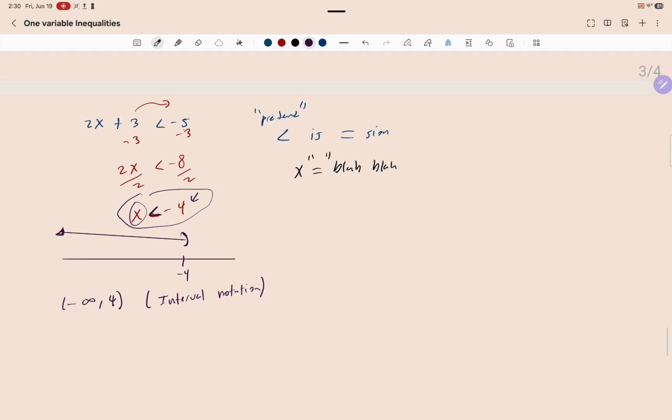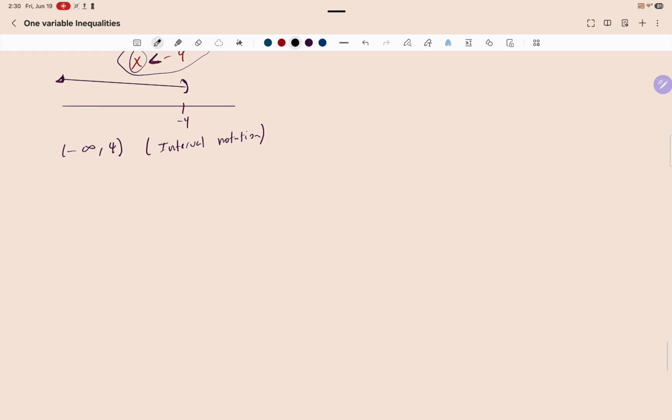All right, cool. Now, what if I changed the problem a bit and I was like, hey, negative 4x plus 5 is less than negative 2x plus 7. This is a bit more interesting, right? It's more involved. So again, the goal is to isolate x on the left or the right.